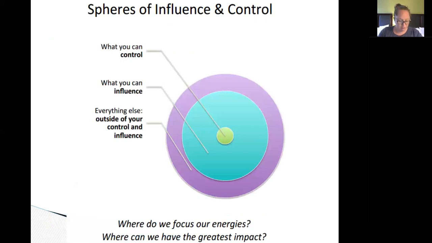I like this visual because it really does show something that I always struggled with the most as a coach, which was where to spend my time. And sometimes I would feel like, man, there's just this one teacher and he or she just needs so much help around whatever, but they're so resistant.